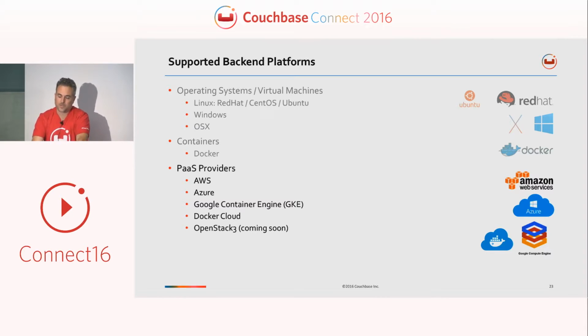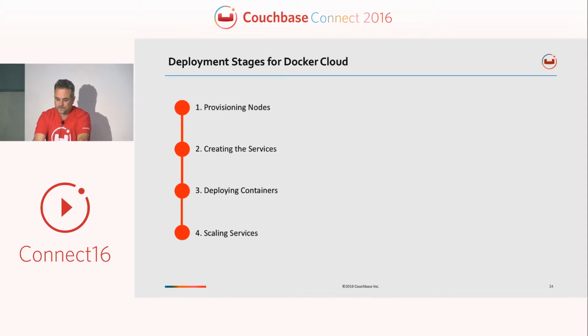Google's kind of been the pioneer in a lot of this stuff. They've been doing this for about 10 years before Docker came and repackaged it and made it really nice. They've been running containers, and they have the Google Container Engine available.